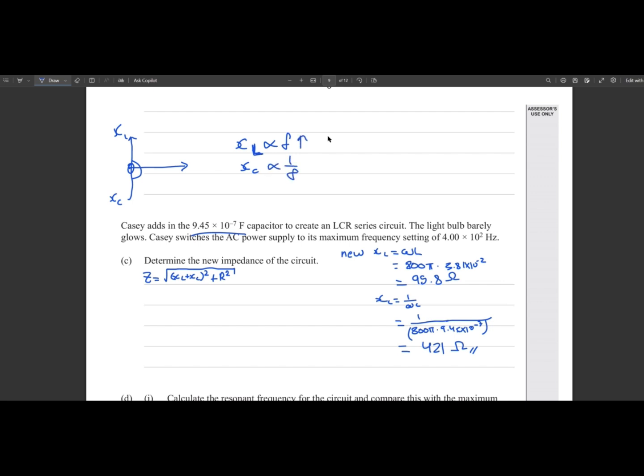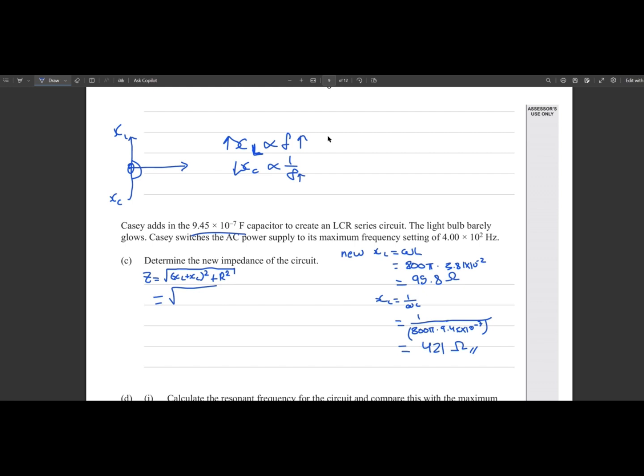So if you increase frequency, you increase the reactance of your inductor. However, if you increase frequency, you decrease your capacitive reactance. So in this case, it's just going to be the positive difference between the two. Either way, it's going to be a positive component because it's squared.